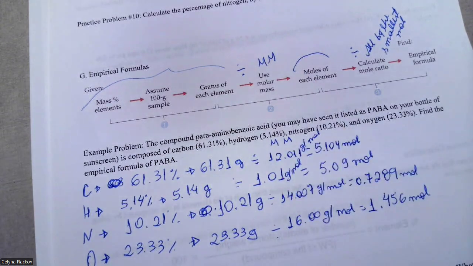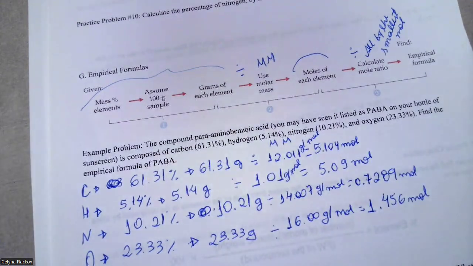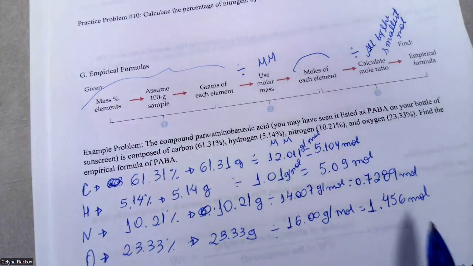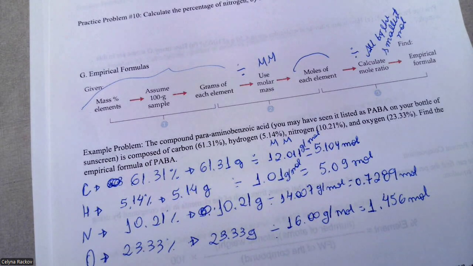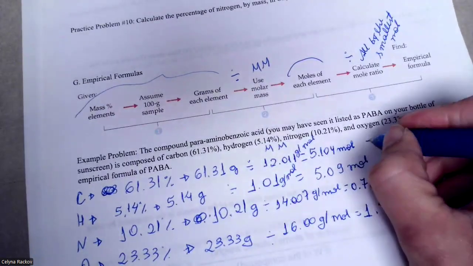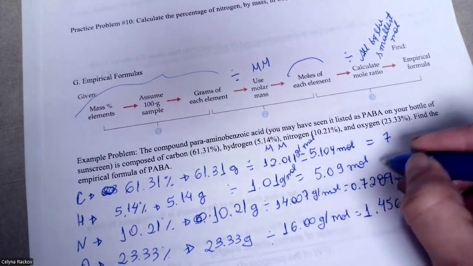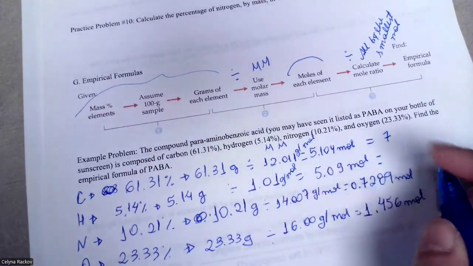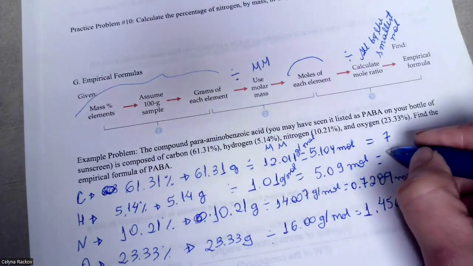So let's divide everything by this one. 5.104 divided by 0.7289, here, right, is 7. I'm going to write the closest whole number. This one is about the same, 7.